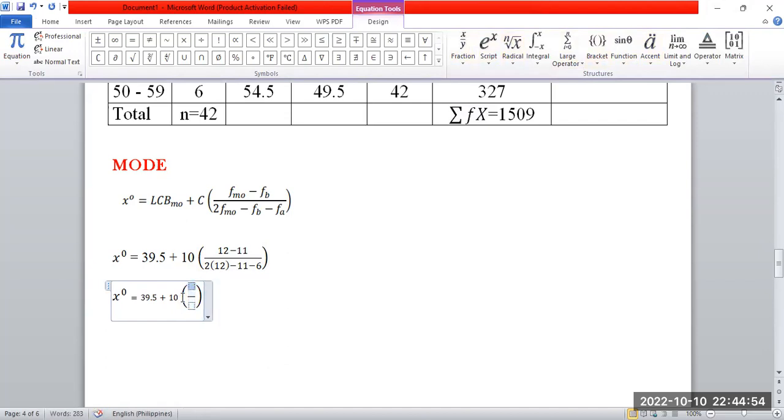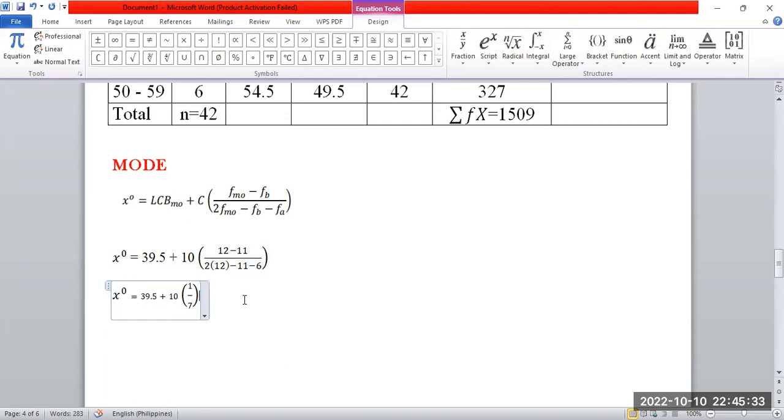Okay, so that is 1 over 7. Pag sinove nyo to. So what's next? So 1 over 7 times 10, that is 10 over 7 plus 39.5, that is 573 over 14.